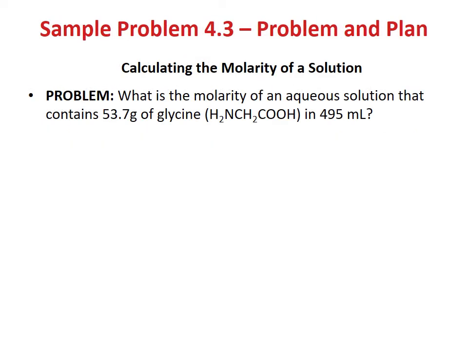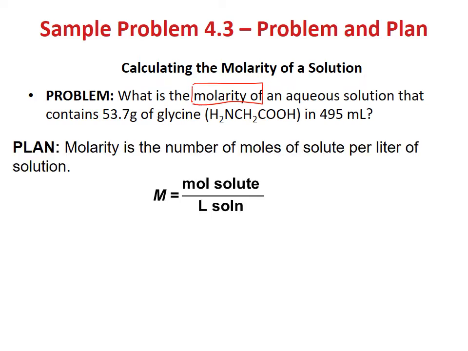Sample problem 4.3. What is the molarity of an aqueous solution that contains 53.7 grams of glycine in 495 milliliters? So first, what is molarity? It's the moles of the solute per liter of the solution. Do we have moles of solute?